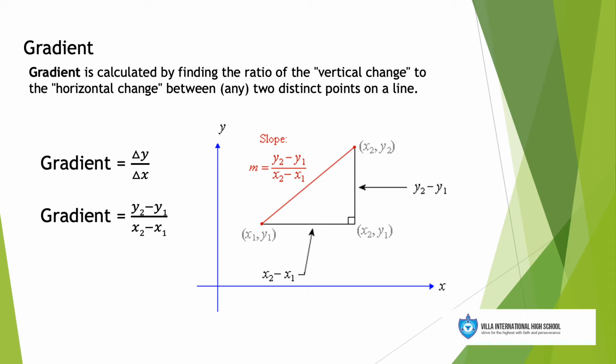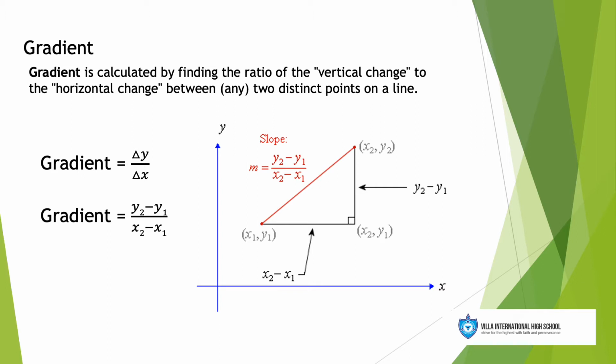From this graph, you can see the vertical axis is the y-axis and the x-axis is marked, and the red line represents the graph. Two coordinates are plotted, x1, y1 and x2, y2.